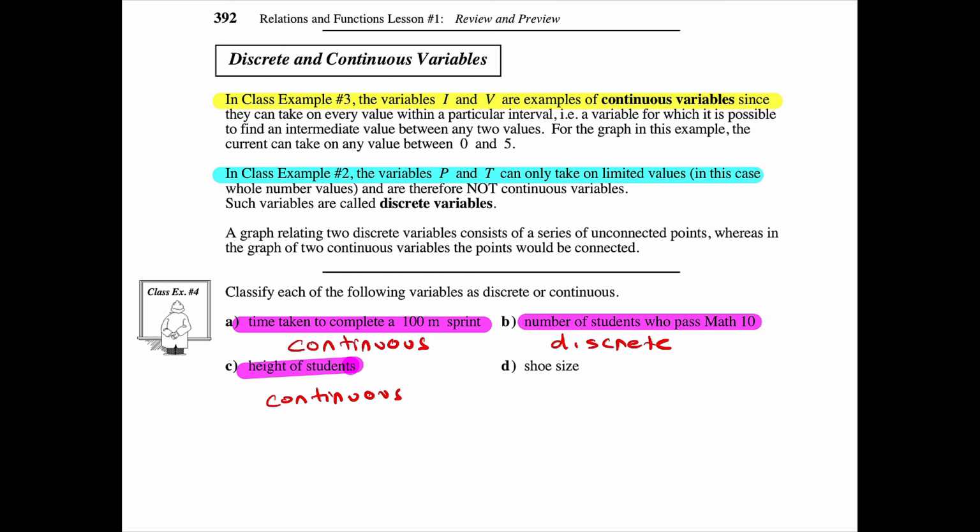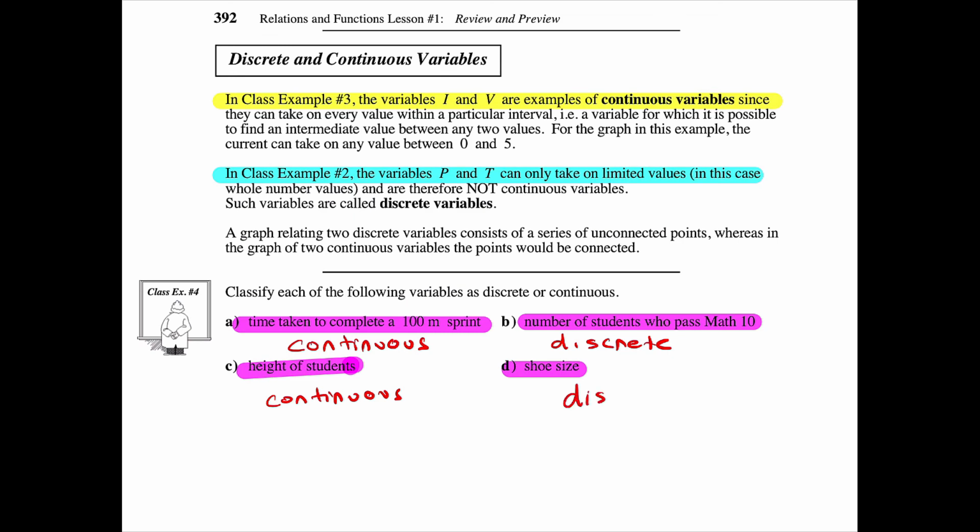Now, that's not the growth of feet or the size of feet. That would be different. That's like the size of a student. But if you're talking about shoe size in particular, when you go to the shoe store, you can't buy like size 42.187. It's going to be size 42, 43, 44, etc.